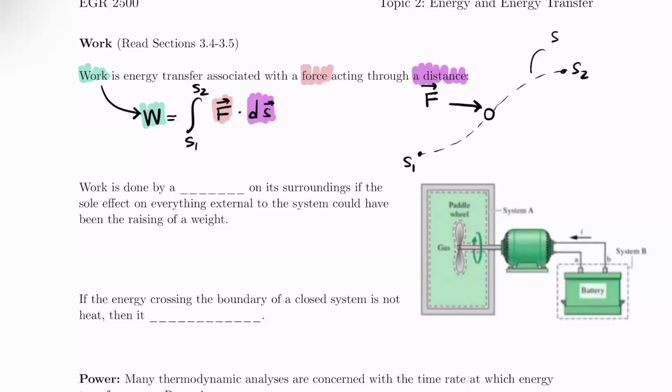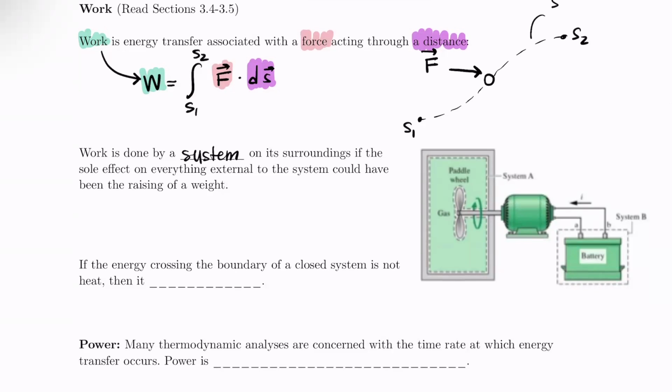All right. Work is done by a system on its surroundings if the sole effect of everything external to the system could have been the raising of a weight. All right. So, oh, this is very blurry. I apologize. Here is an example of our system. We have energy from a battery coming into our little motor here, and that motor is then turning a paddle wheel, which has an effect on our system.